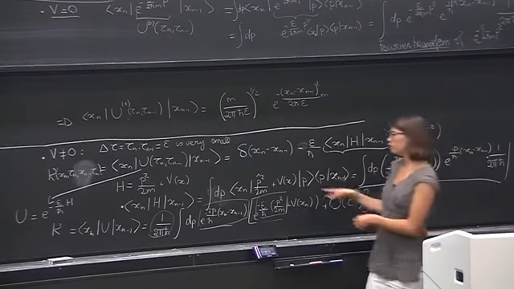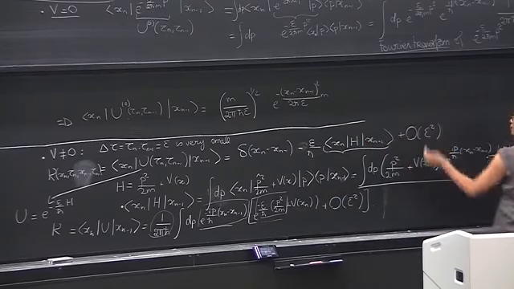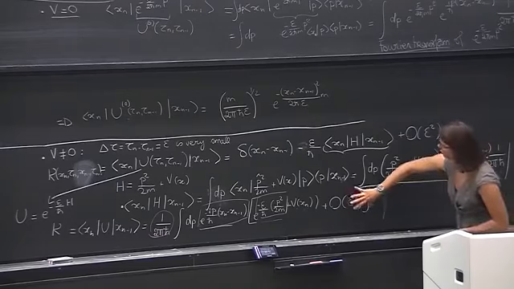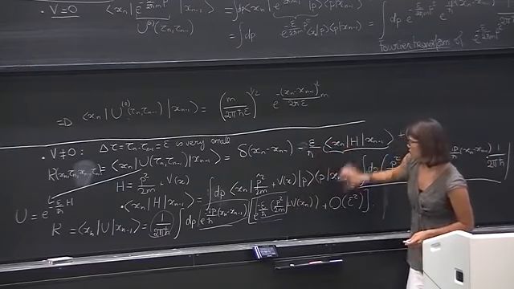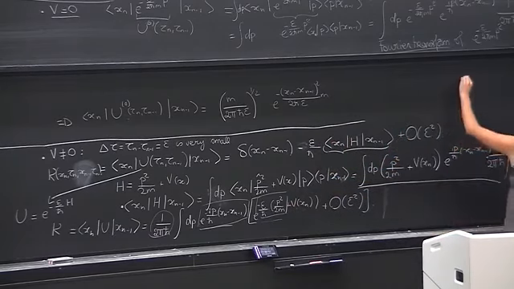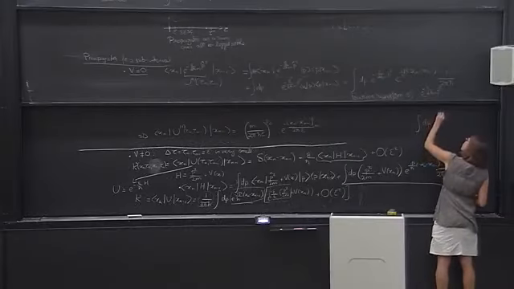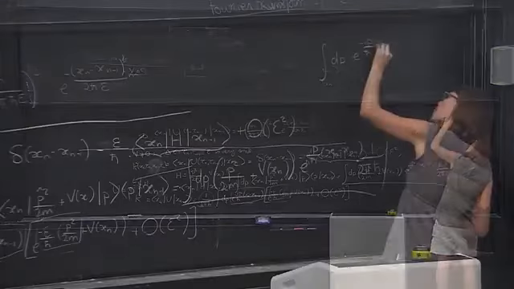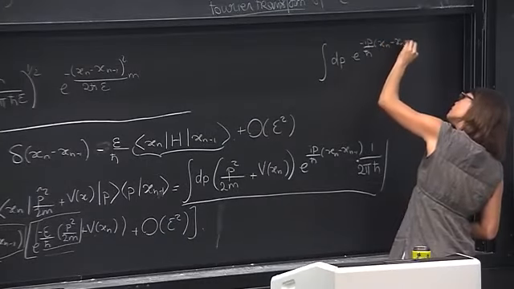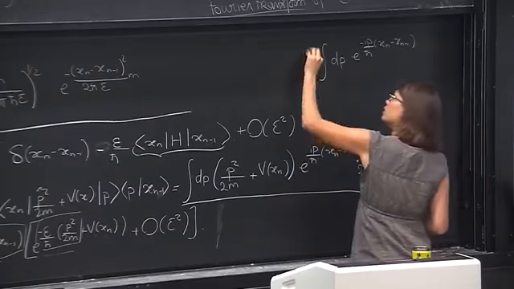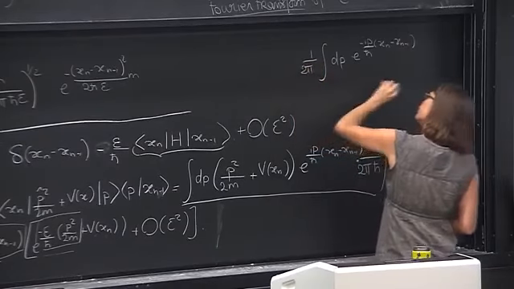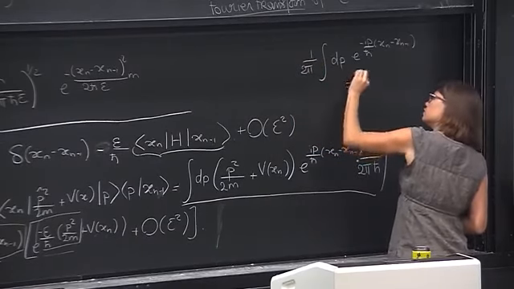So here what I'm using is that indeed, to go from, if you want to expand that, to go back to the original result, what you need to remember is that the integral dp of the exponential is just the Fourier transform of 1, which is a delta function.